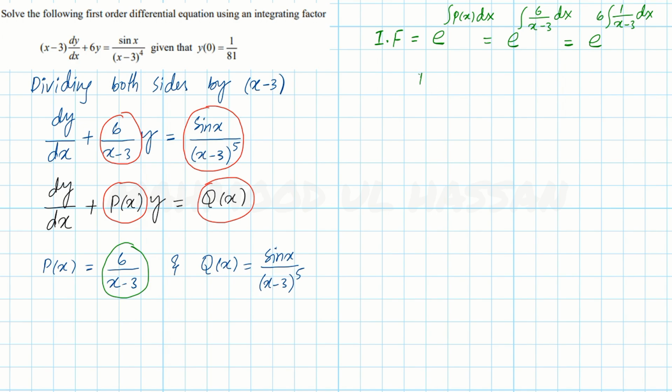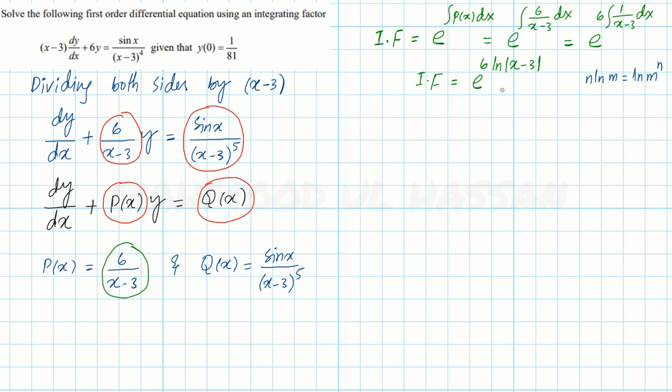So the integrating factor is equal to e to the power 6, and here we can use the integral property that if the derivative of the denominator is present in the numerator, we take the natural log of the denominator, that is x minus 3. Here we are going to use the log property: n times natural log m can be written as the natural log of m to the power n.